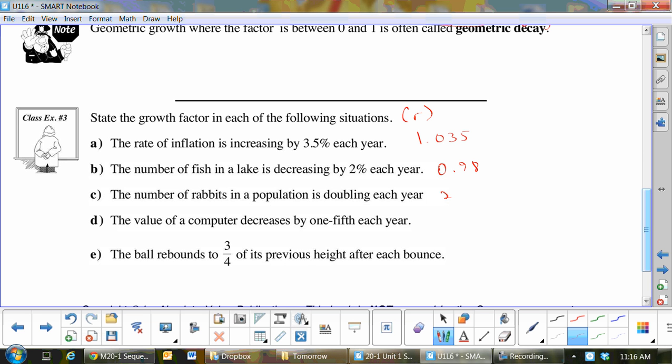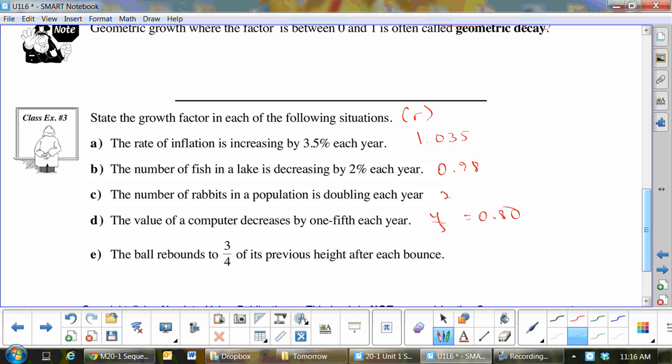It's 200%. What if the value of a computer decreases by 1/5 each year? That means how much is it worth? We got one person that knows that. Yes? 0.8, which is, actually, if it's 1/5, then it would be worth 4/5, which equals 0.8. Good.